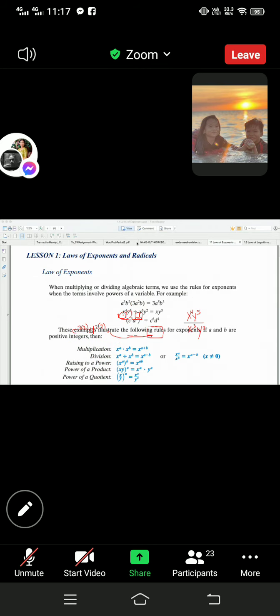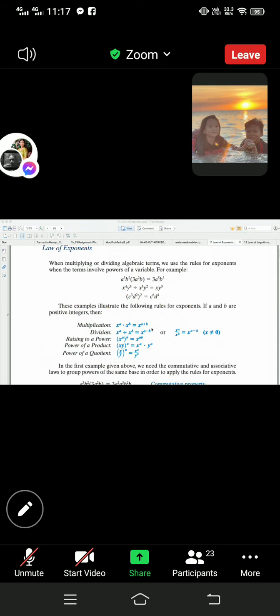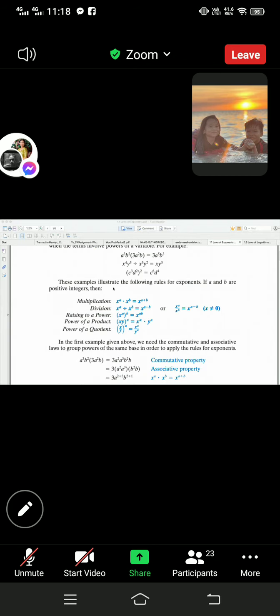Okay, next is here. These examples illustrate the following rules for exponents if a and b are positive integers. So meaning positive integers like 1, 2, 3, 4, 5. So here, these are the rules in multiplication of exponents.